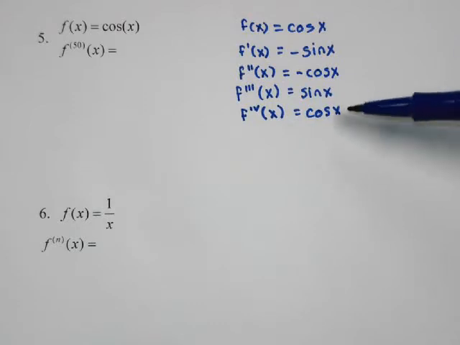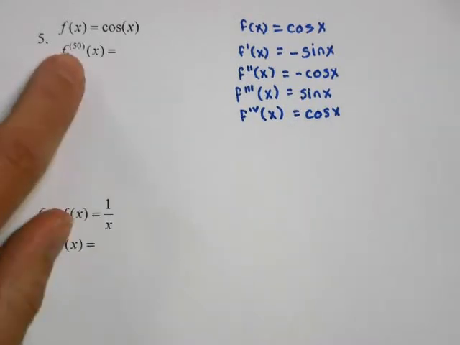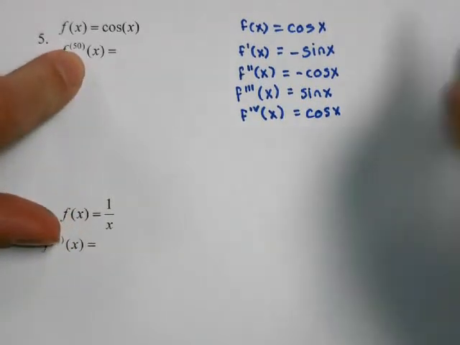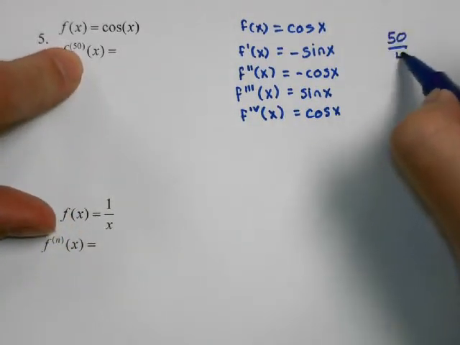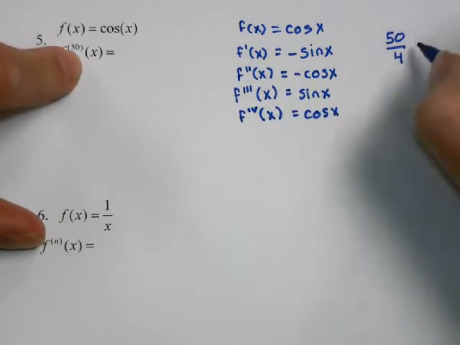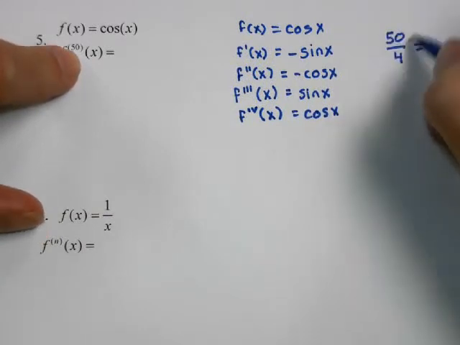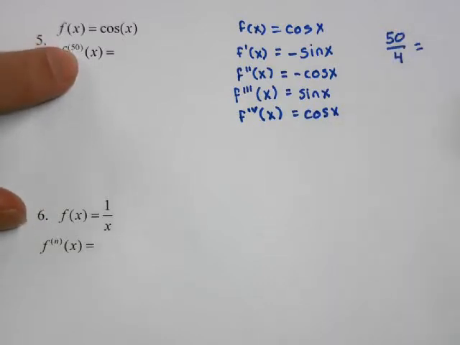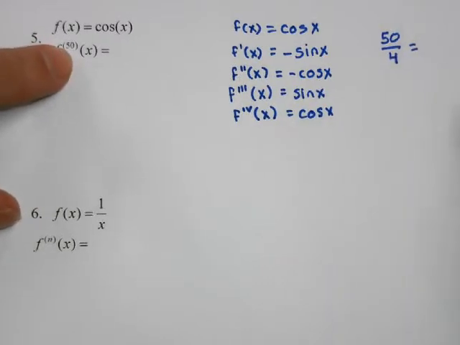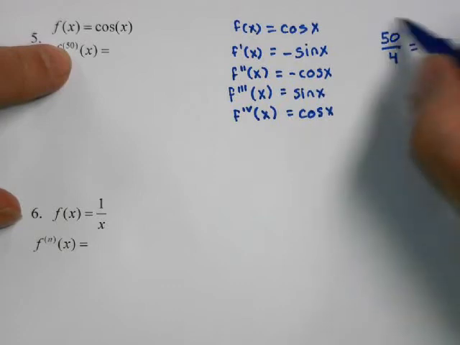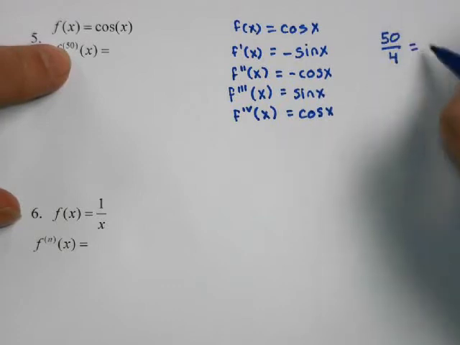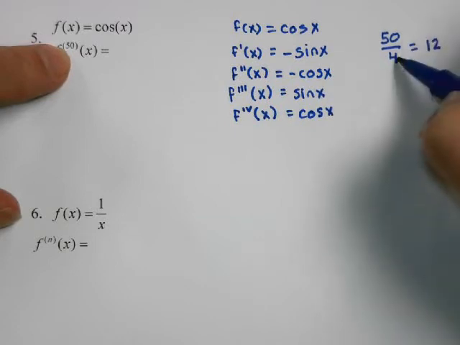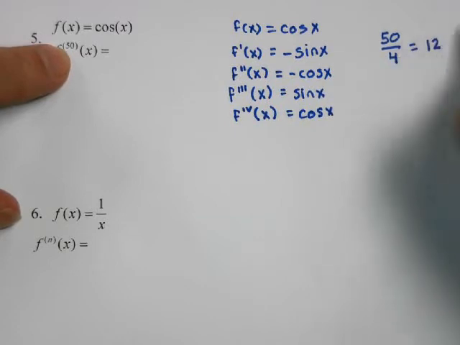So 8 will be cosine, 12 will be cosine, so we just need to figure out where 50 fits into that. So if I take 50 and divide that by 4, the biggest number that can be divisible by 4 evenly that's less than this would be 48. So 48 divided by 4 is 12, and that leaves a remainder of 2.